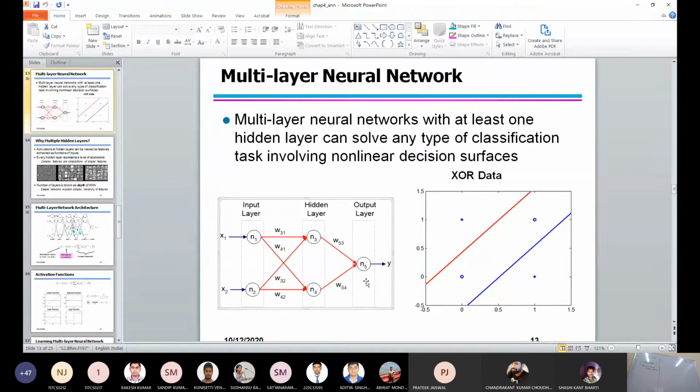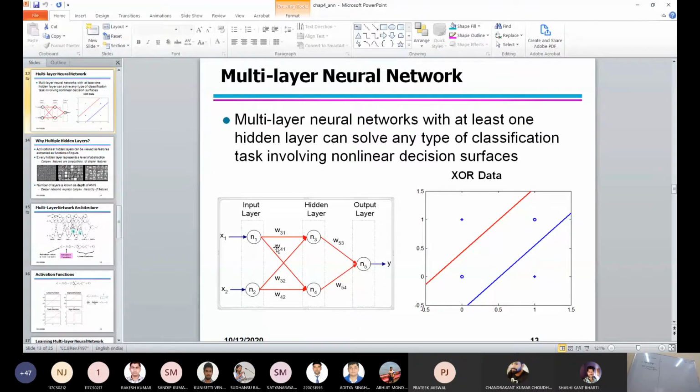Similarly for N5. I will ask you to note down, or focus on, how the weights W31 and W41 are written. For W31, why is 3 coming? Because this node is itself node 3.